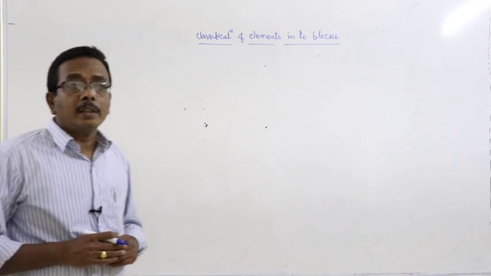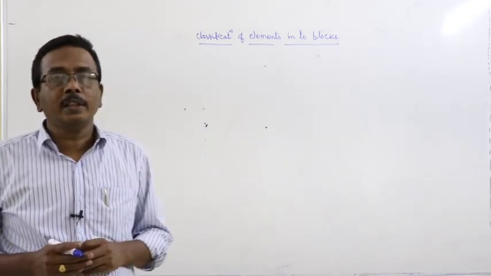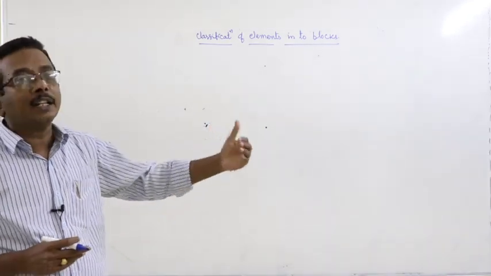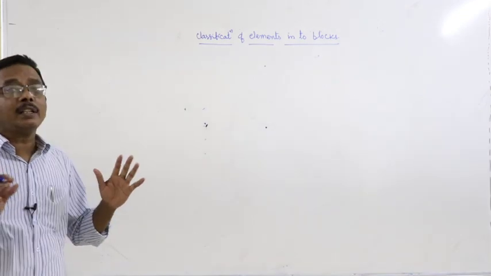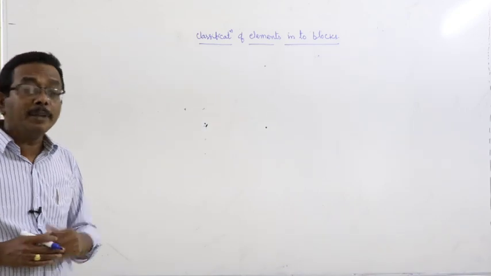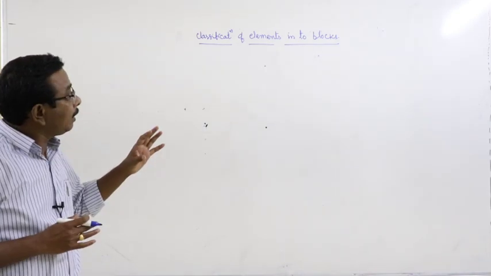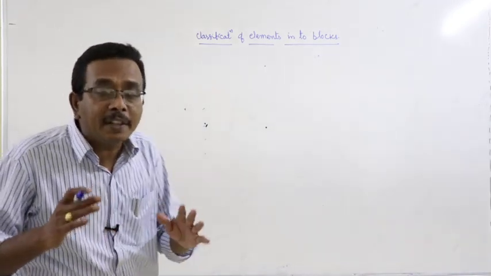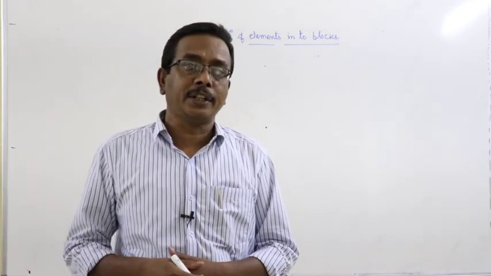Based on the type of subshell into which the differentiating electron enters, the elements in the modern periodic table are divided into 4 blocks. Means what? This classification is given on the basis of the electronic configuration.